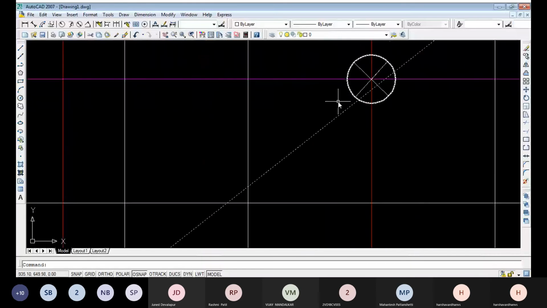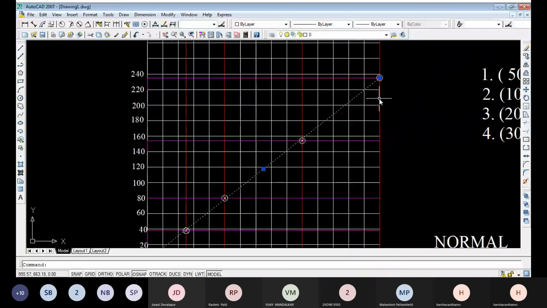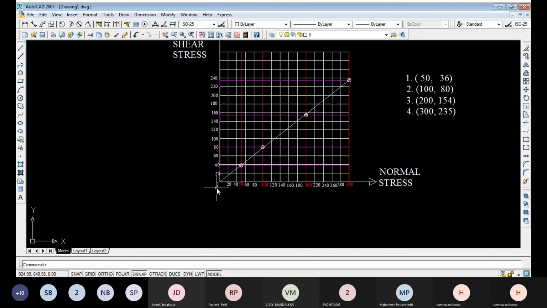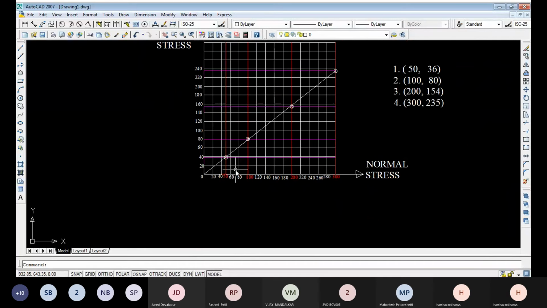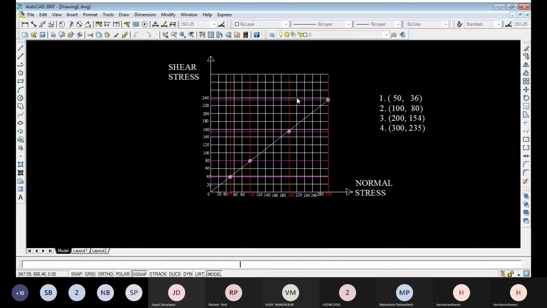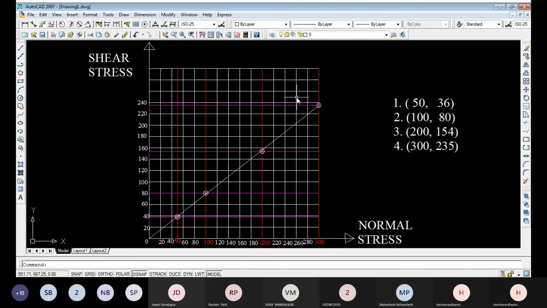It is almost intersecting all the points. If it is passing anywhere near the origin, just draw the line through the origin. So this is the graph. The best fit line I have drawn is passing through the origin. If it is passing just 2 mm, 3 mm near the origin, just pass it through the origin. All of you are getting the same answer.